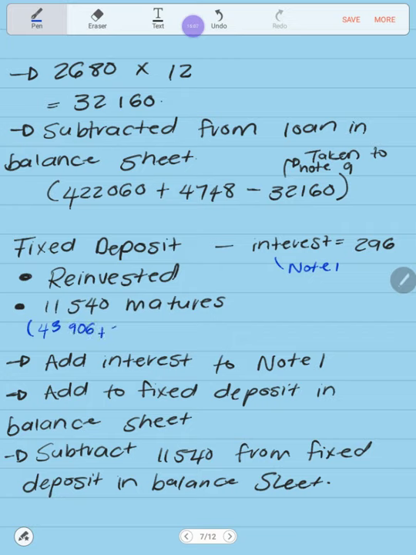You add the interest, because interest is reinvested, and you subtract the 11,540 because that matured money came out, it was paid out, and then you'll get the new value of your fixed deposit.